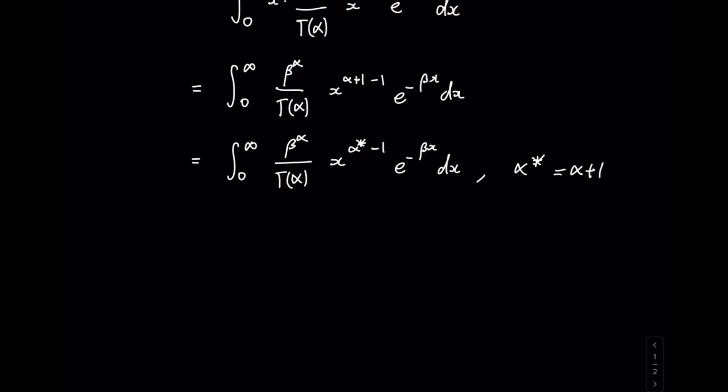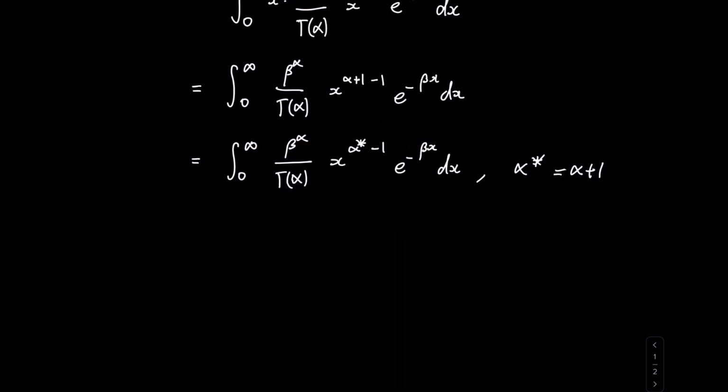The reason I've done that is because I want the variables that are dependent on x on the right-hand side of this function to continue looking like a gamma distribution, because what I'm eventually going to do is make the whole expression look like a gamma distribution.